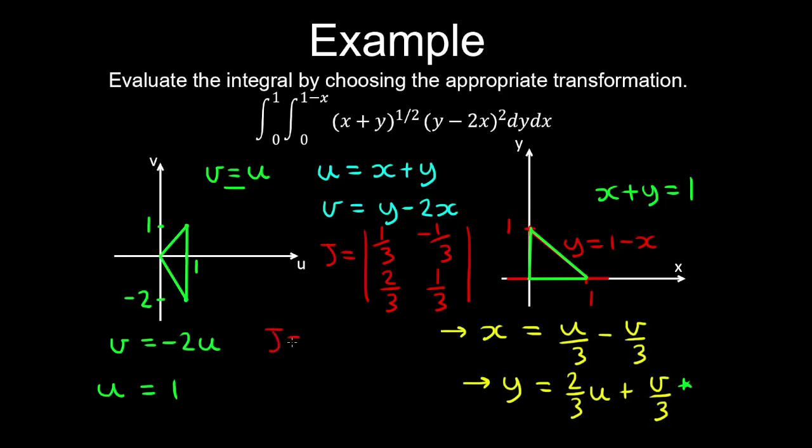So we have 1/3 by 1/3, which is a 9th, minus 1/3 by 2/3, which is 2 on 9. So the Jacobian is equal to 1/3. So you can verify the area of this triangle is 1/3 the area of this triangle.